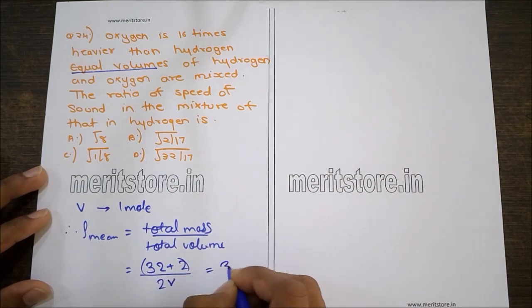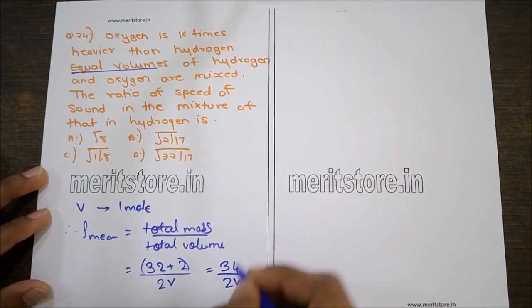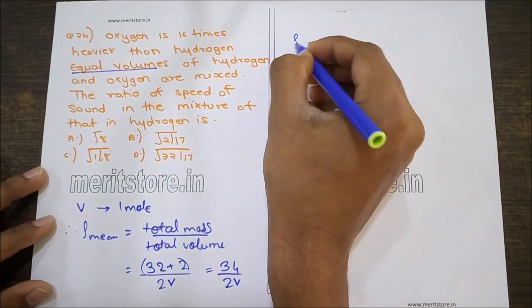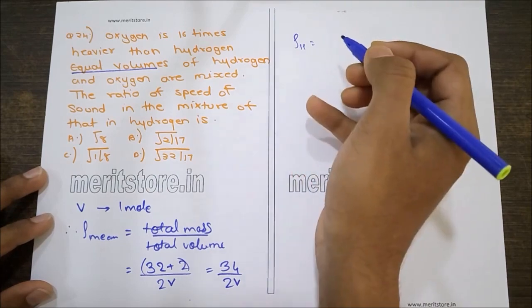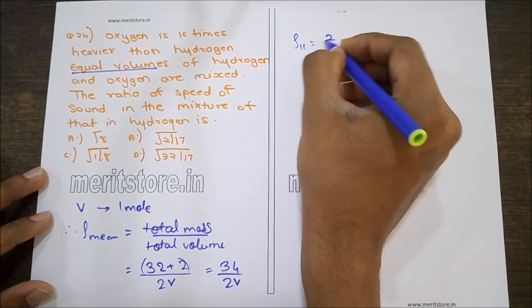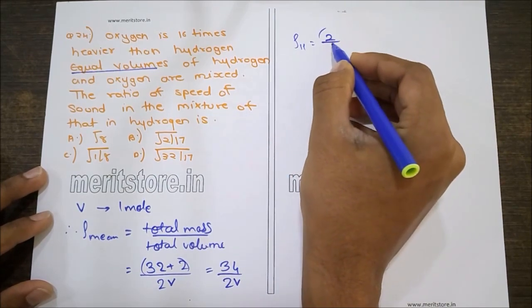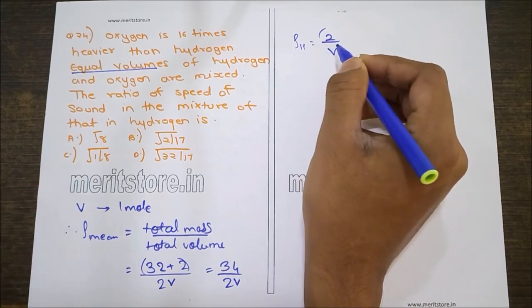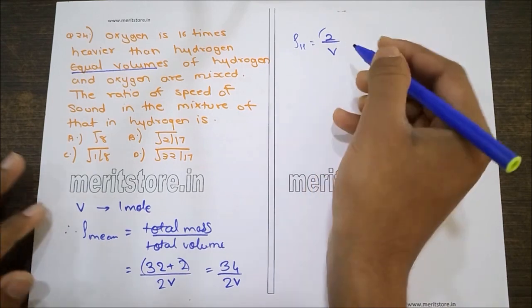So that is 34 upon 2V, and the density of hydrogen alone can be given as 2, that is the molecular mass of hydrogen, upon the volume of 1 mole.